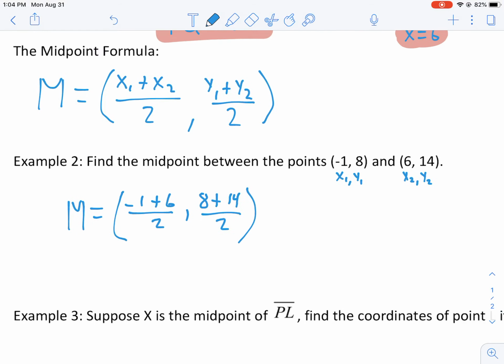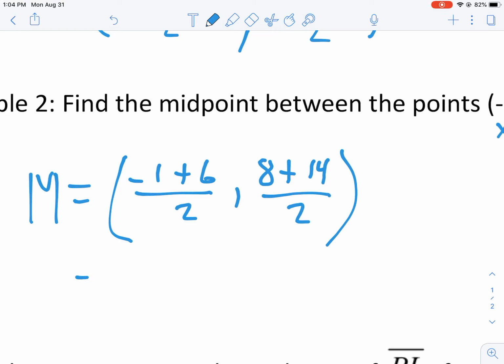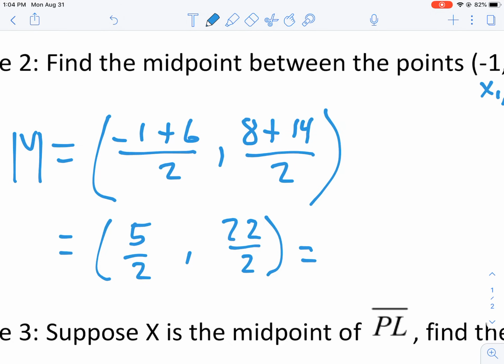All right, and now we just want to figure out what those numbers are. So -1 plus 6, that's 5, so this is 5 over 2. 8 plus 14, that is 22. This is a good example because one of these is odd and one is even.